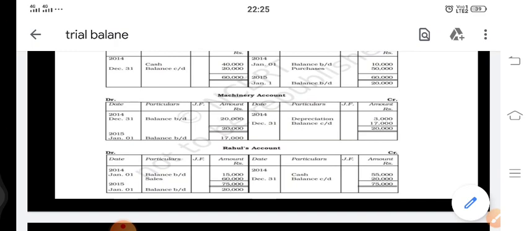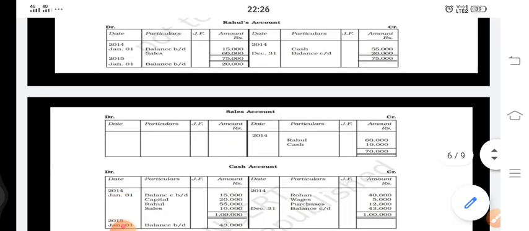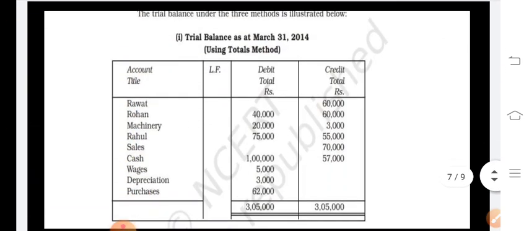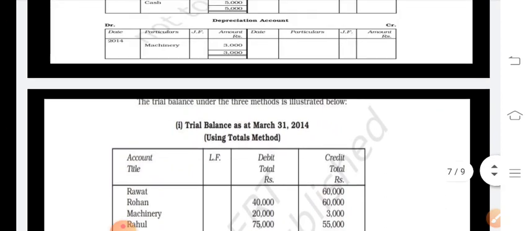So credit is 55,000. We are not supposed to check the balance. Credit total is 55,000. Debit total is 75,000. We'll just represent in the trial balance Rahul 75,000 and 55,000.